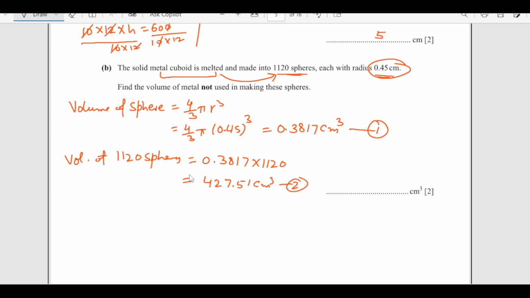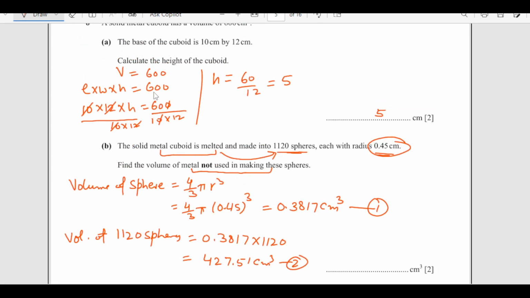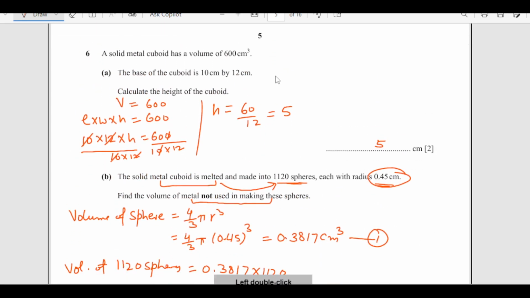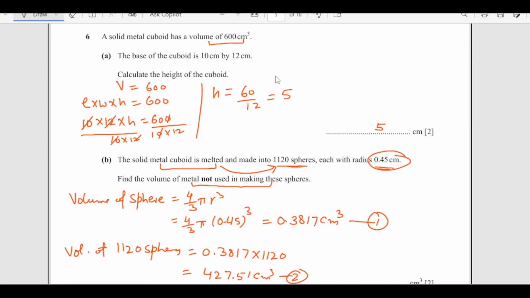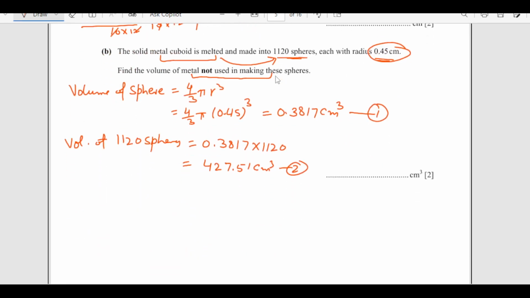Now the question is find the volume of the metal not used. After melting they use this one, so the total volume is here, you can see the total volume is 600, so which is not used. So we are going to write down volume of metal which is not used, right?